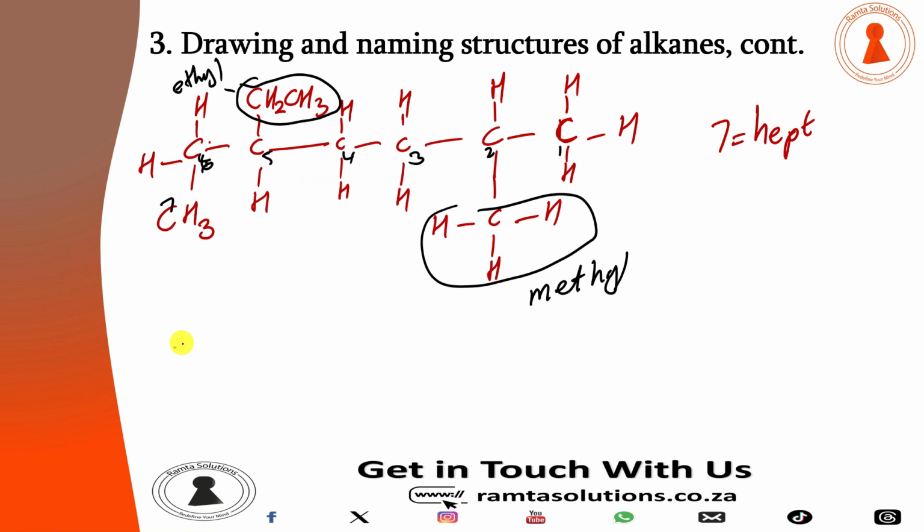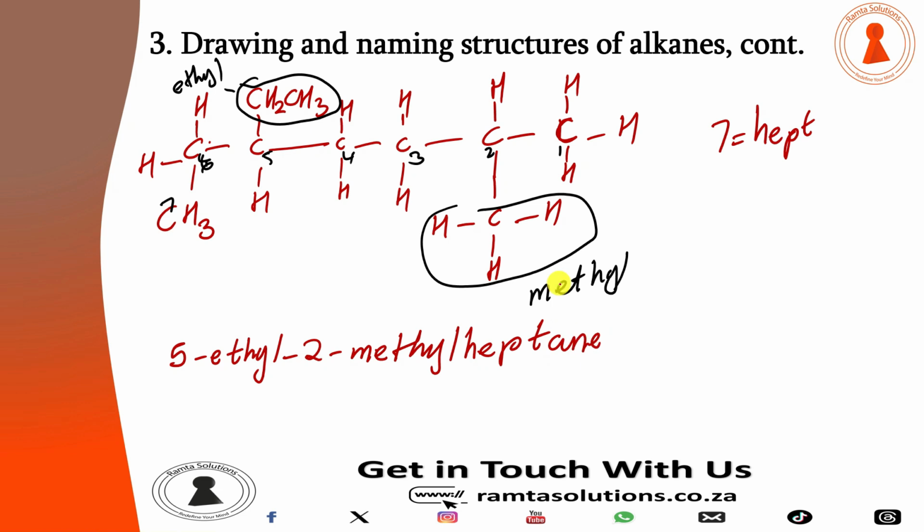Carbon 5. So this is 5 ethyl. And where is the methyl? On carbon 2. 2 methyl. What is the longest chain? We said it has 7 carbons. And because it's an alkane, it'll be methyl heptane. Okay, methyl heptane.